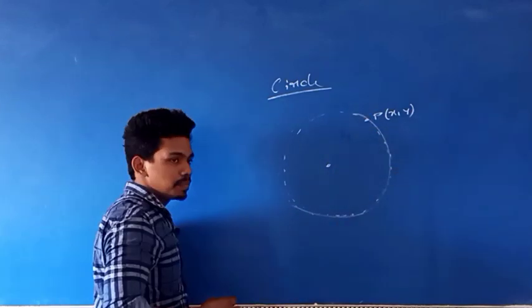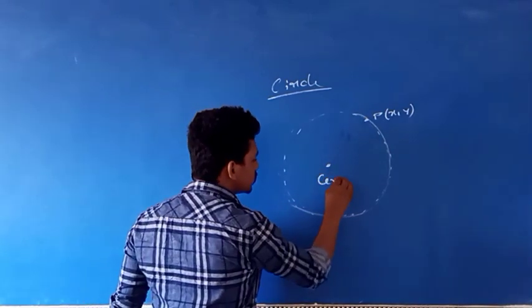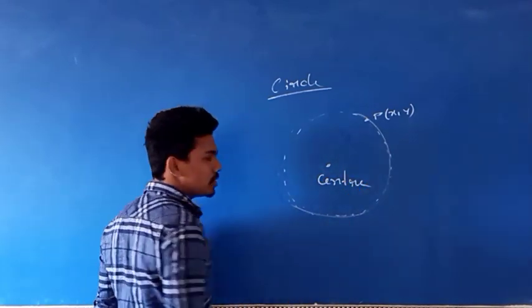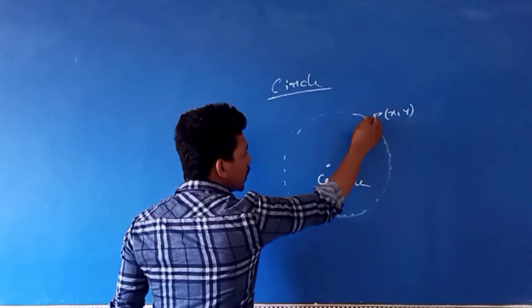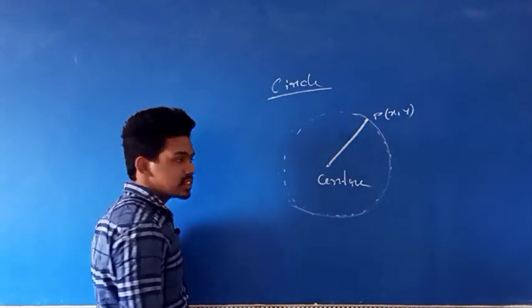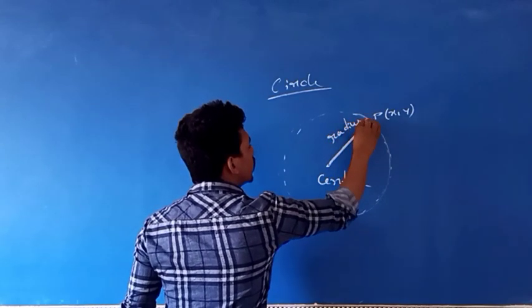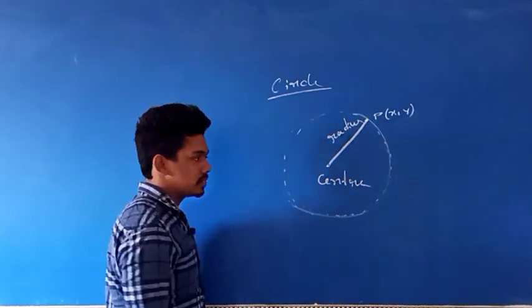a circle. Here the fixed point is called the center of the circle, and the fixed distance or the constant distance is called the radius of the circle.